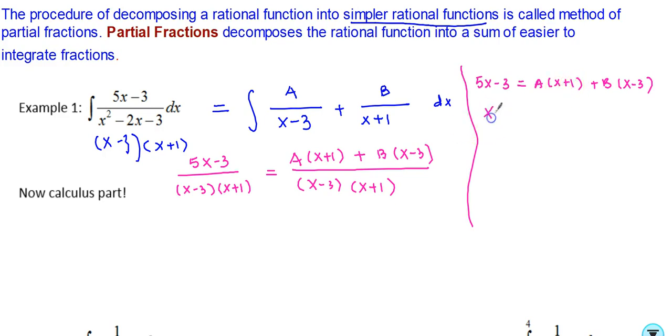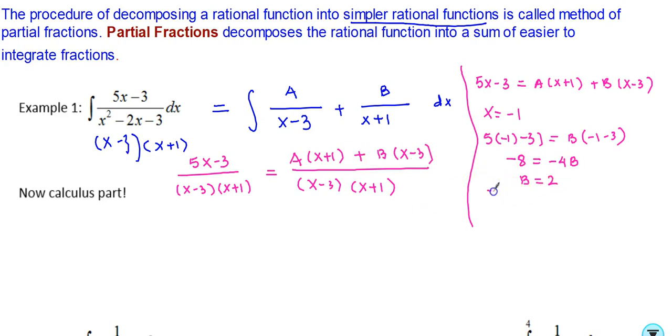So substitute x equal to negative 1. 5 times negative 1 minus 3 is equal to, this becomes 0, B times negative 1 minus 3. So 5 times negative 1 minus 3 is negative 8. On this side is negative 4B, and you will get B is equal to 2.